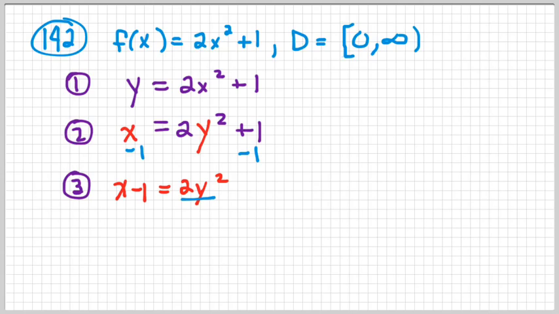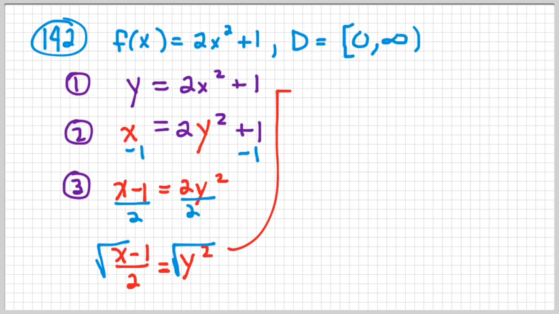Next, I'll divide by 2, again showing it in blue, and that gives me (x minus 1) over 2 equals y squared. And then finally I will square root both sides, giving me y equals plus or minus the square root of (x minus 1) over 2.